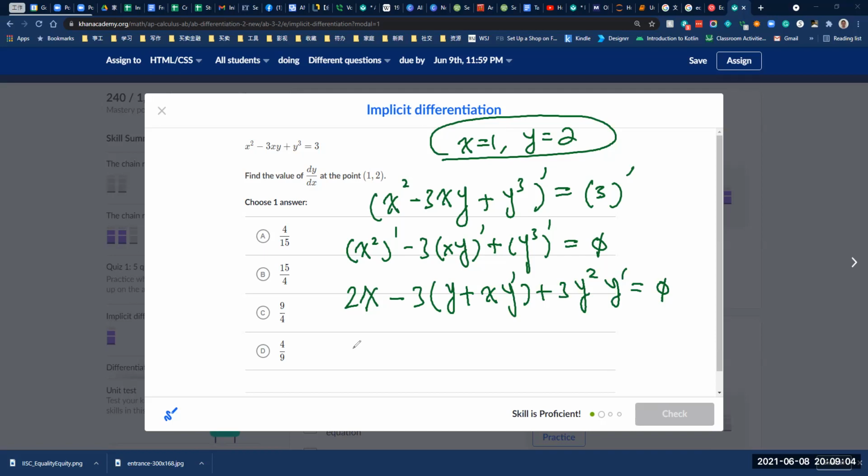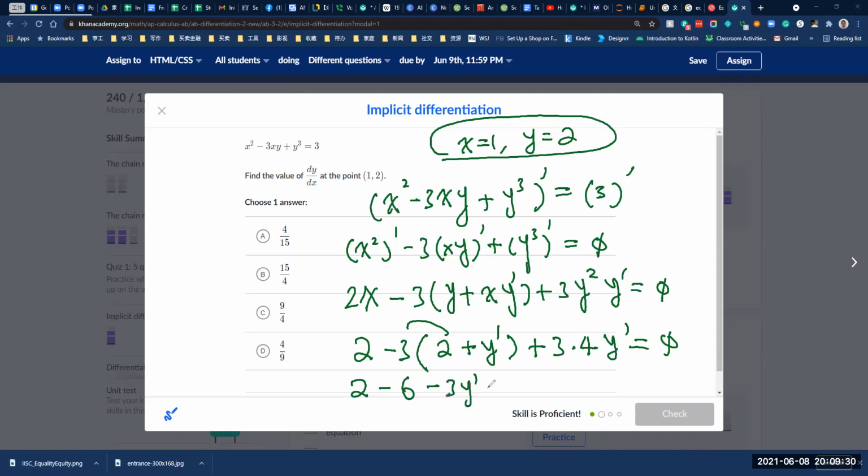So 2 times 1 is 2, and here y is 2, and x is 1, so y prime. And 3y squared then gives us 12 y prime equal to 0. So combine it: 2 minus 2 times that is 6 minus 3y prime plus 12y prime equal to 0.